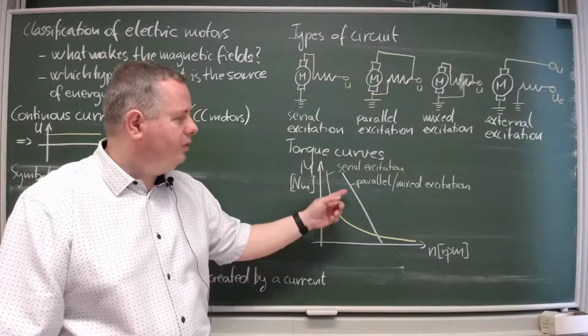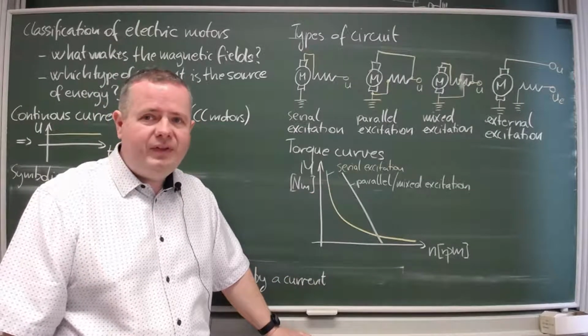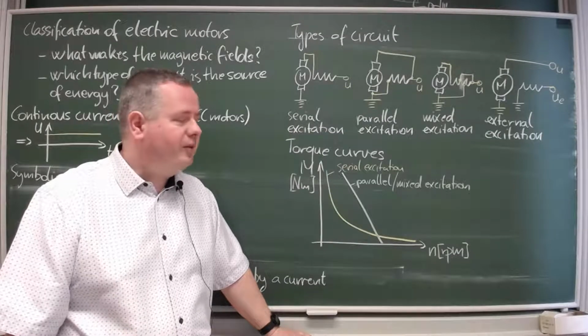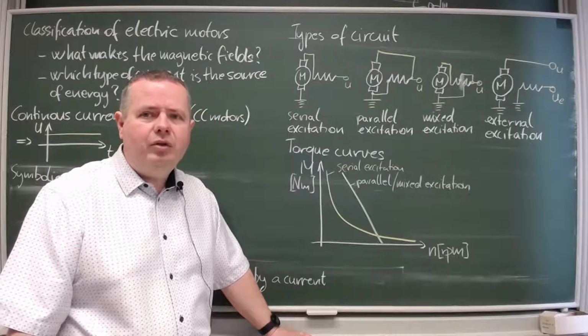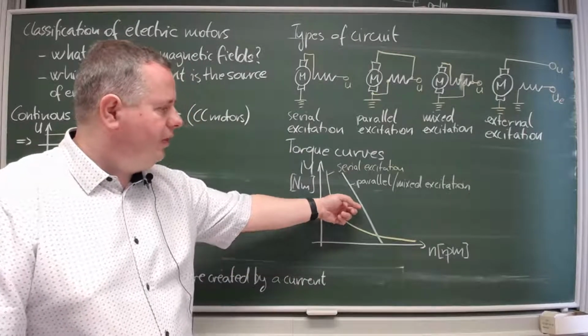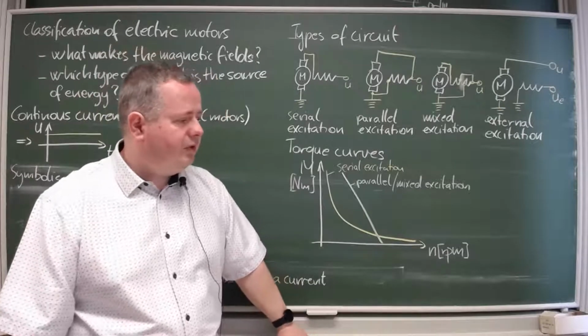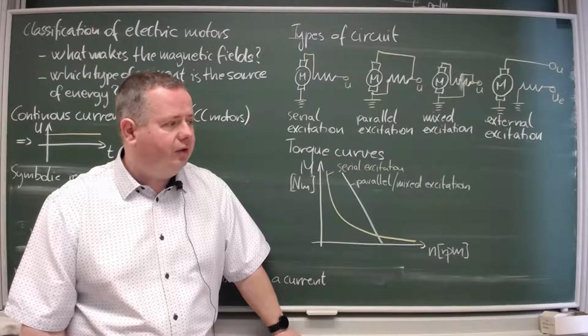What about the parallel or mixed excitation machine? We see that it has a property of keeping the RPM mostly independent of the load. So this one we prefer to use in specific purposes when the load is changing in a wide range.